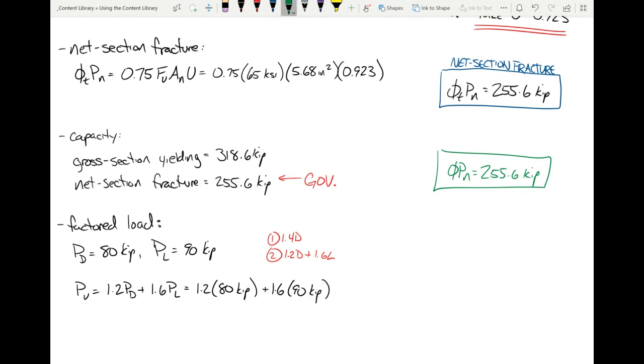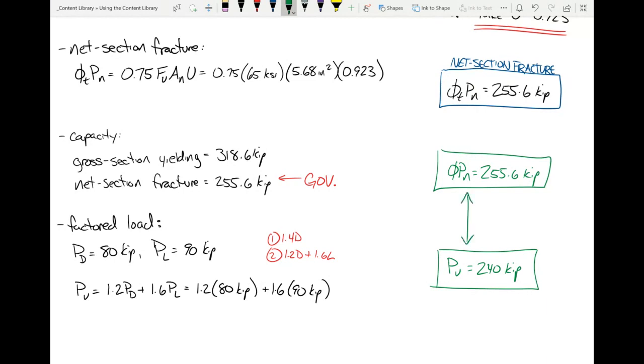And so what are we getting for PU? 240 kips. Do I have a second on that? Yeah. All right. Now, what I want somebody in this chat to do is look at these two numbers.